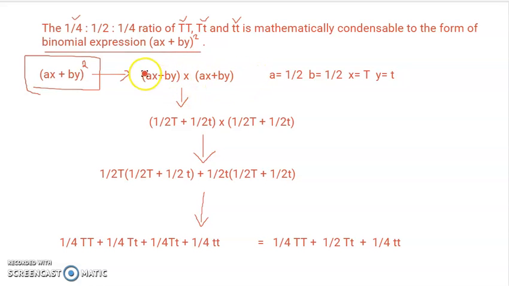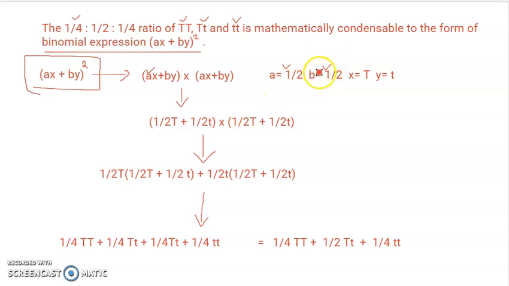And here we are taking a as half. That is why I told you the gametes, capital T and small t, are taken in equal frequency, that is 1/2. A is taken as 1/2 and B is taken as 1/2. Okay, so this is capital T. The capital T is taken as 1/2 and the small t is taken as 1/2 frequency.